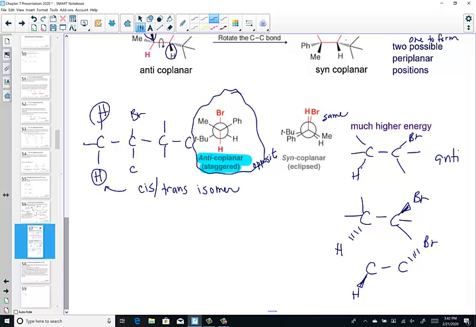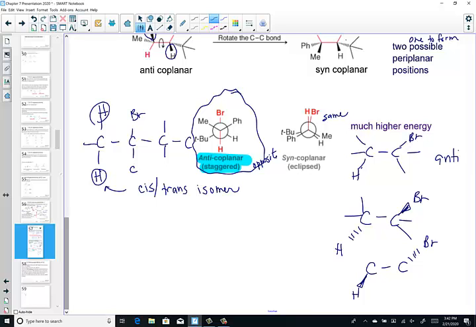This is way too high of energy and therefore would not be the favored conformation. So the anti-coplanar is a qualification for stereochemistry to have an elimination possible. Let's really dive into some good examples here. Practice, practice, practice. Dashes and wedges and Newman projections.